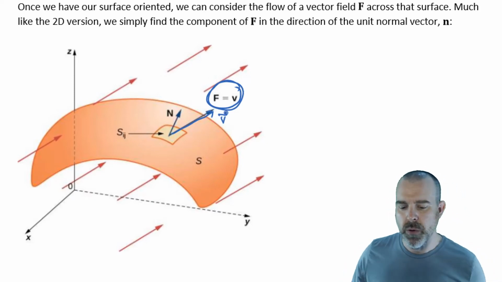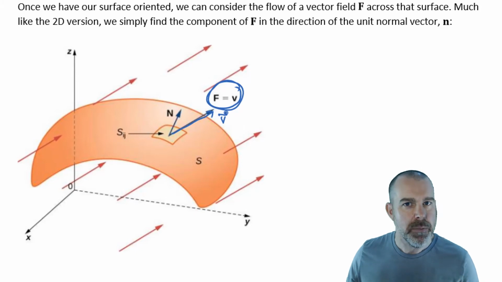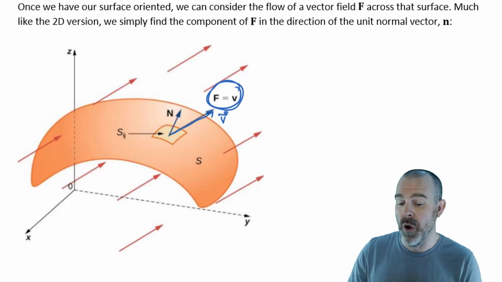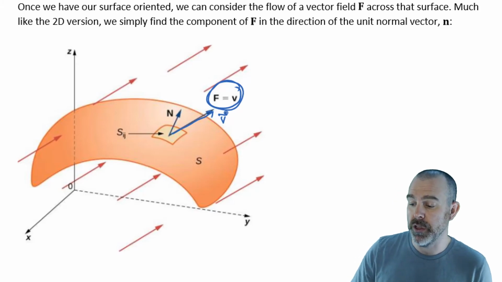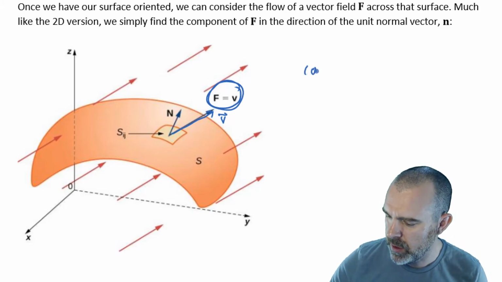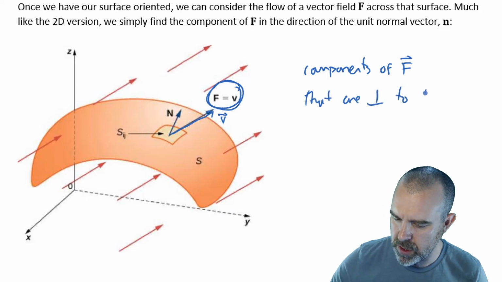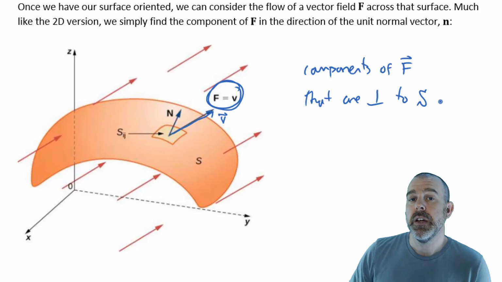What we want to do is add up all of the components of the field that are normal to S.